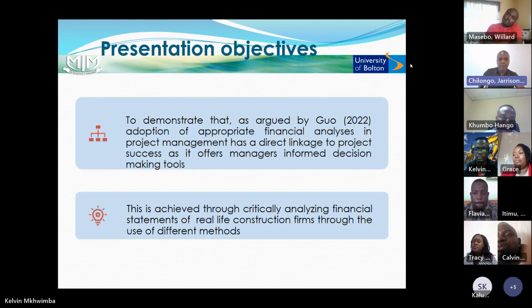To achieve this, we'll analyze the statements of the two real construction firms through the use of different methods as will be outlined in the slides to follow.